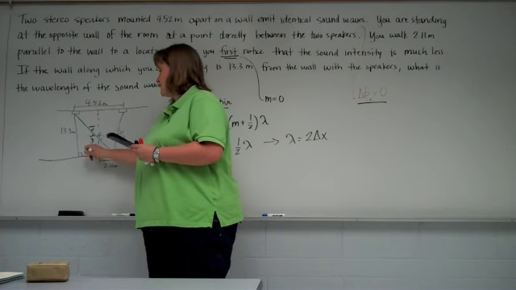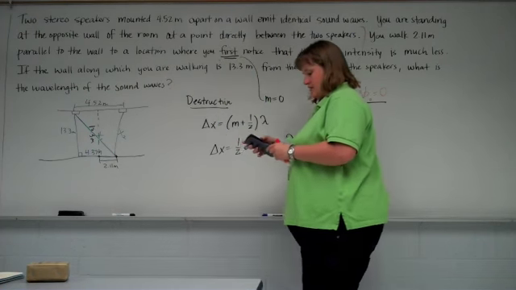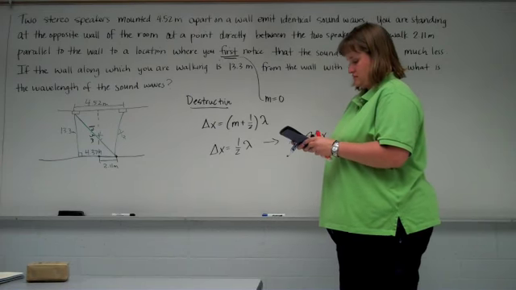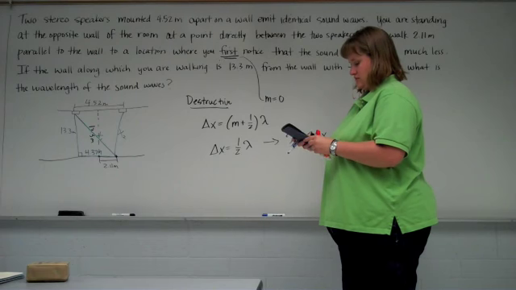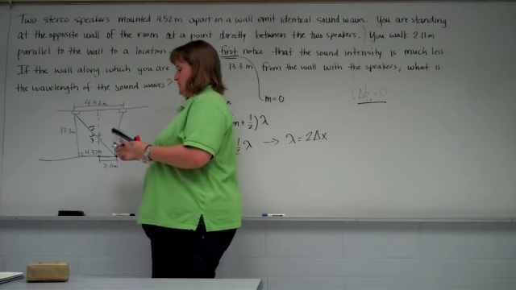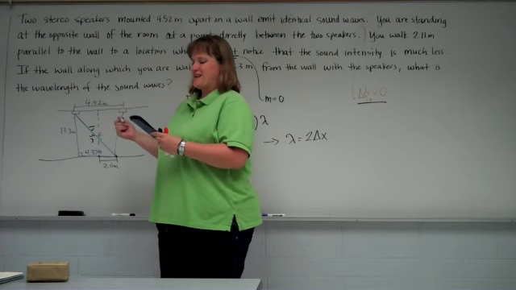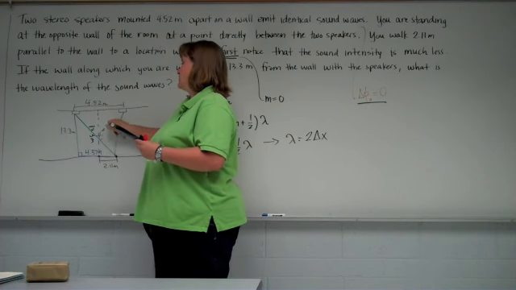So this side's 4.37. So Pythagorean theorem. I get 13.9995, so more or less 14 meters.